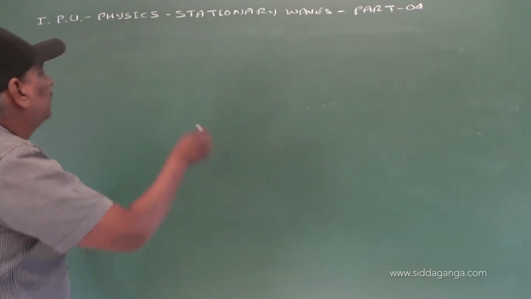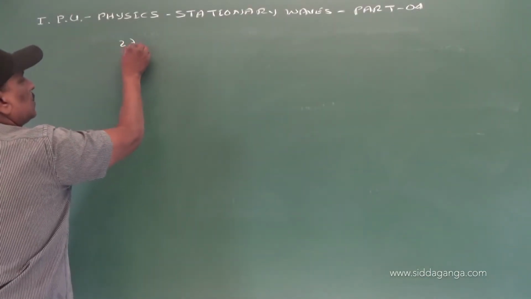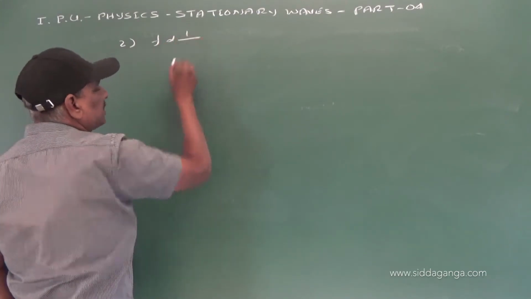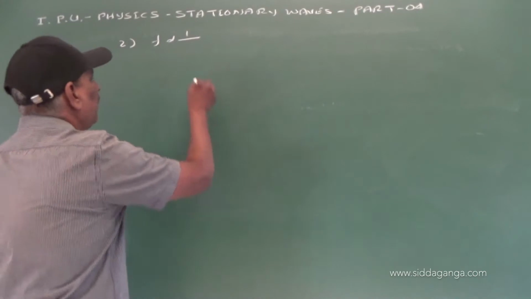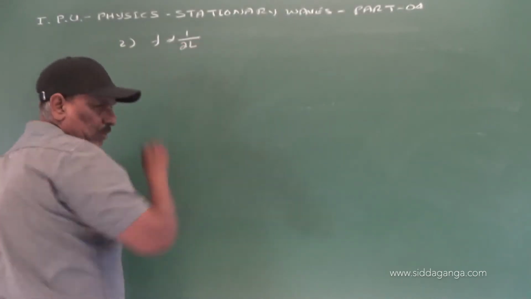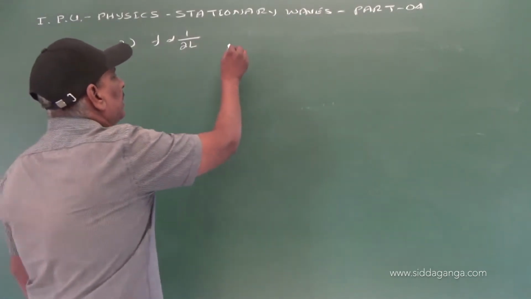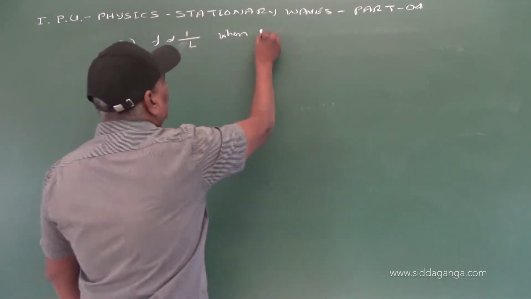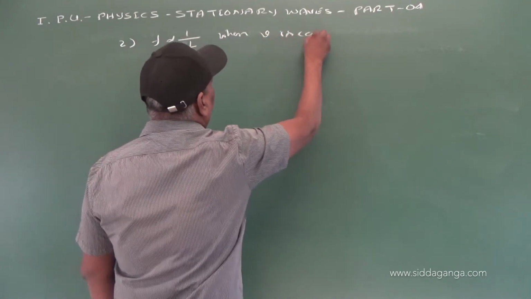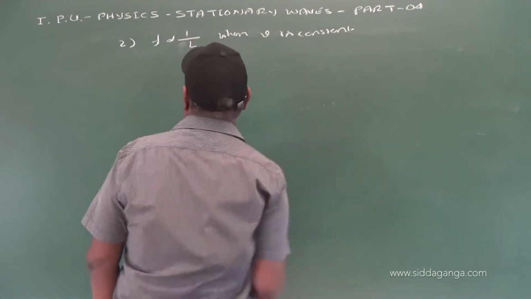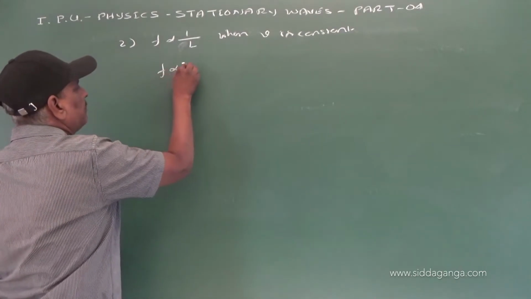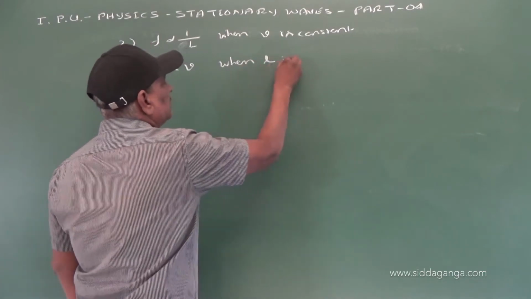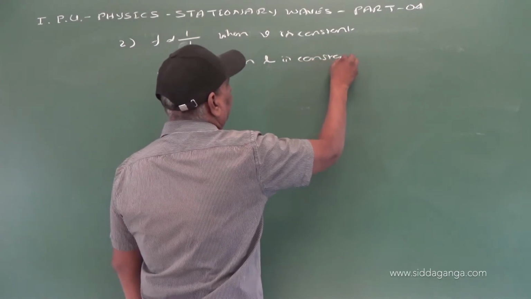So here, note number 2. The fundamental frequency f is inversely proportional to 1 by L, that is, f is proportional to 1 by 2L when V is constant, and f is directly proportional to V when L is constant.